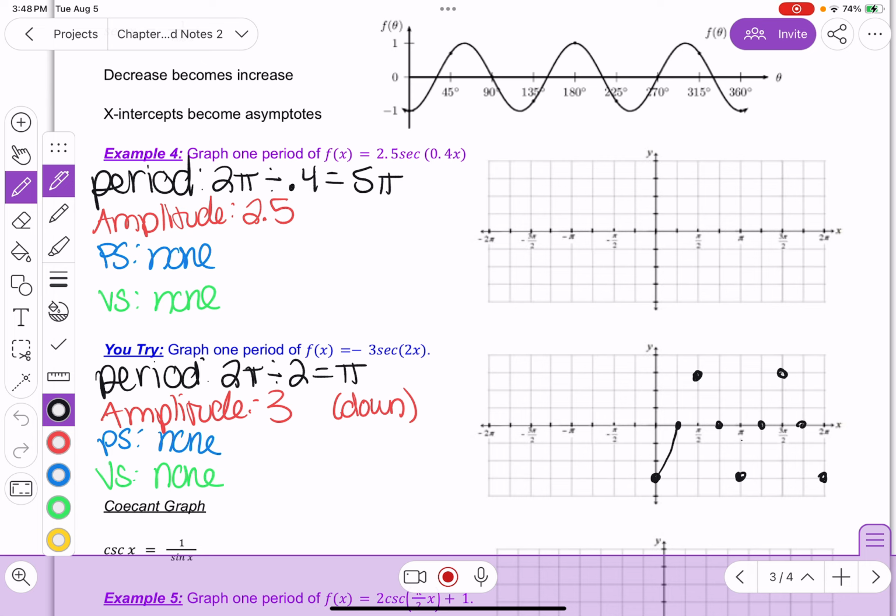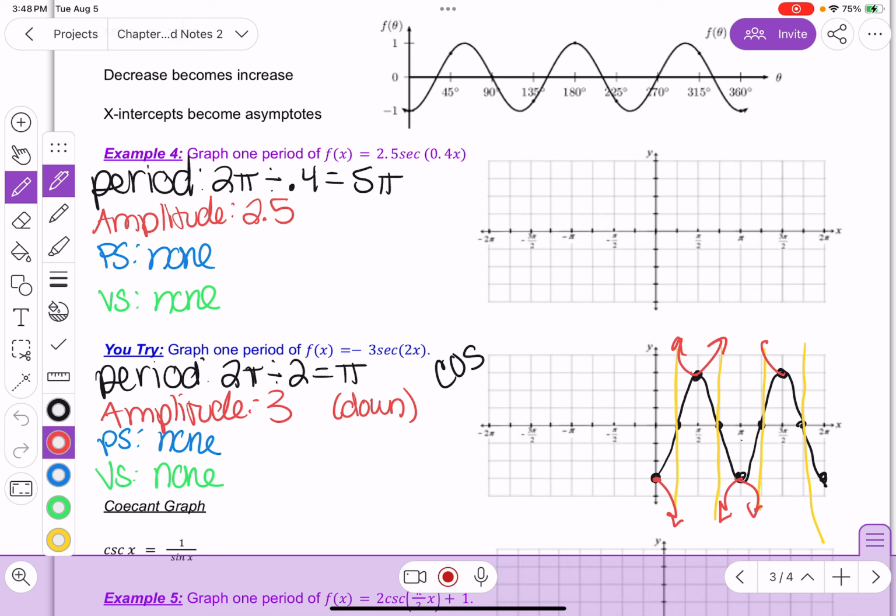Halfway. That black graph is cosine. X-intercepts become asymptotes. And then your graph flips. So the red is your secant graph.